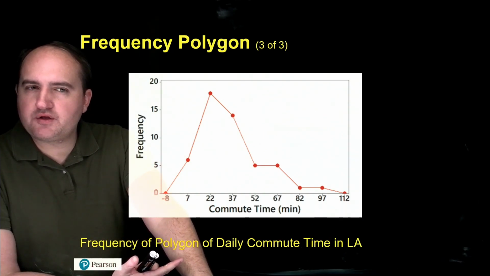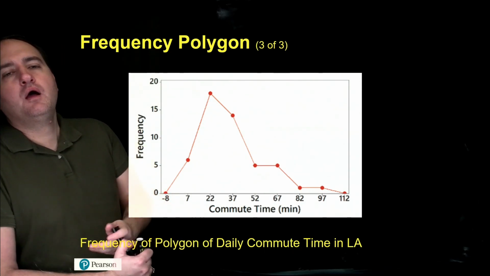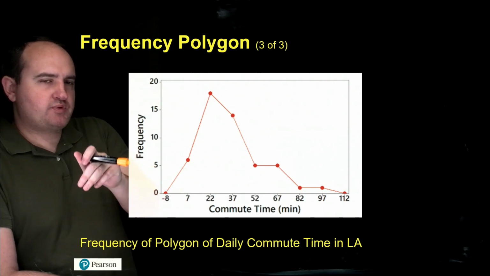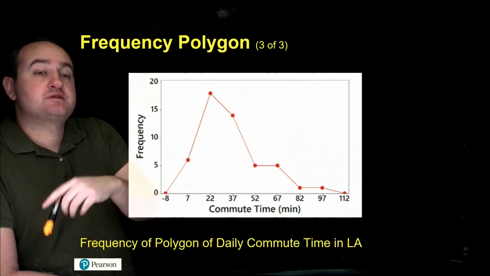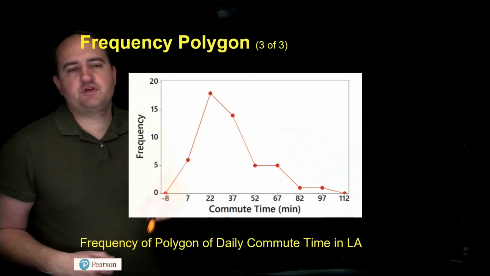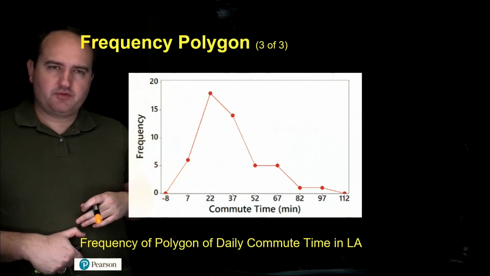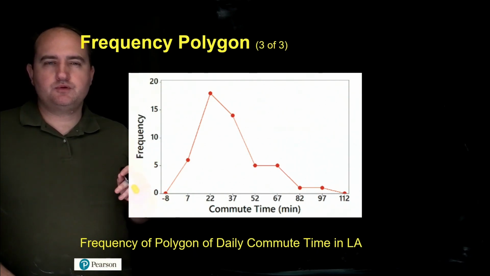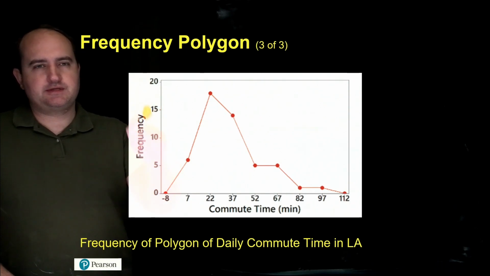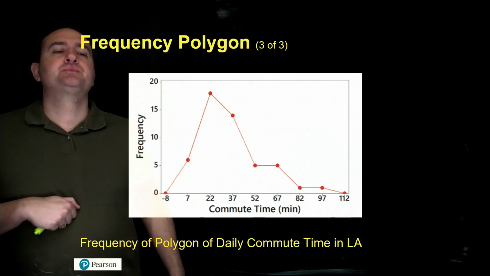Okay, so then what would a relative frequency polygon look like? All you would do is, instead of this vertical axis being frequency, the vertical axis would be relative frequency. Okay, and if it's relative frequency, then usually the way they would display it would be percentages instead of the actual frequencies on your vertical axis.